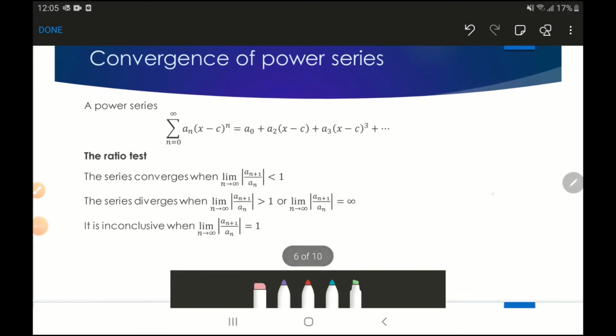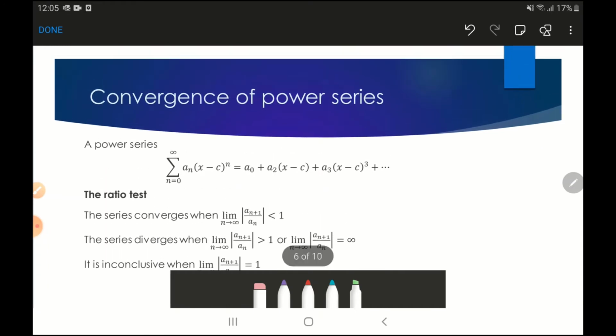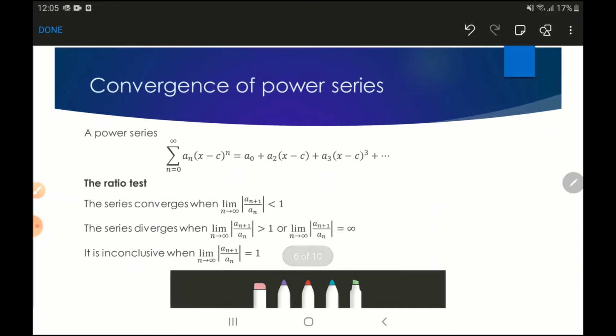So if we have this power series, actually we can know what value of x makes this series convergent by having the ratio test.